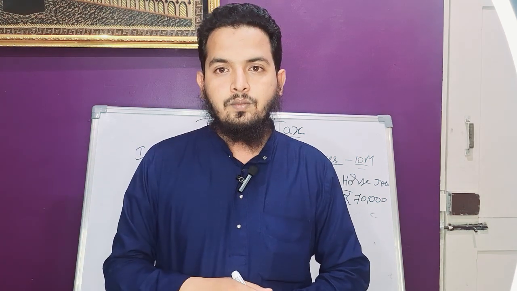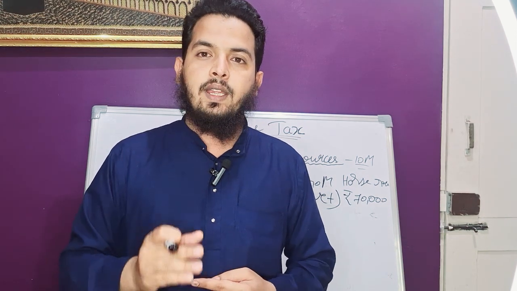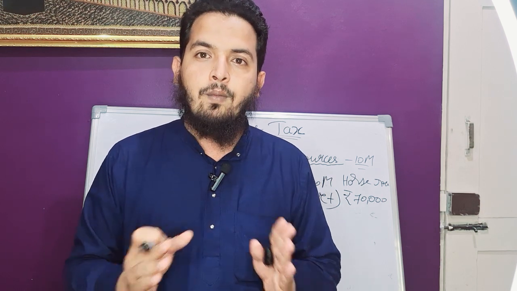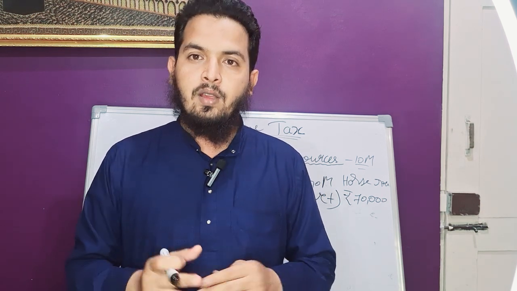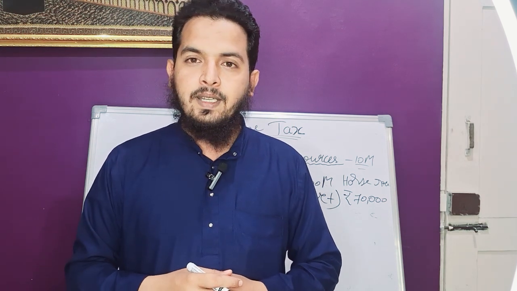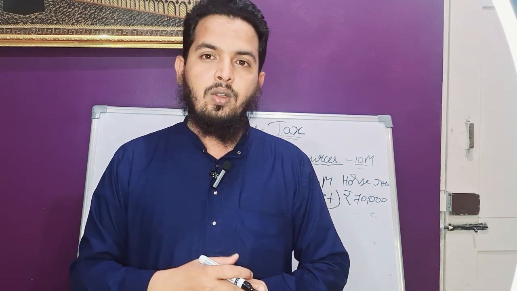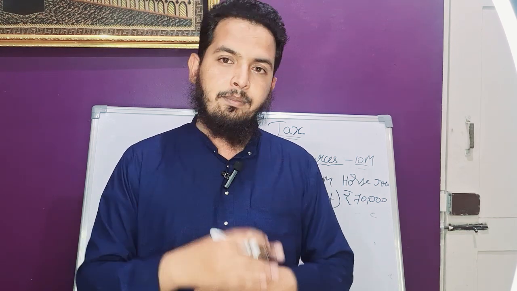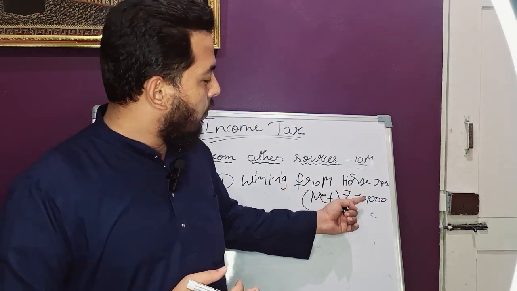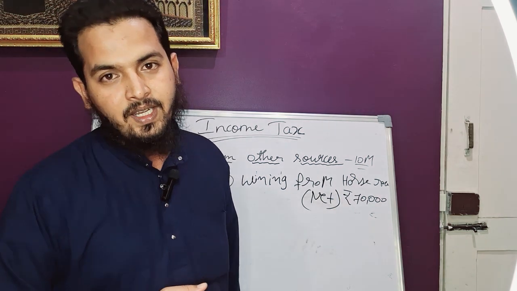Whenever you are winning from any casual game, whether it is horse race, crossword puzzle games, or lotteries, you are not going to get the full prize amount. They are going to deduct 30% tax, TDS, and then give the balance amount. For example, you have won 1 lakh rupees from horse race, but they have given 70,000.